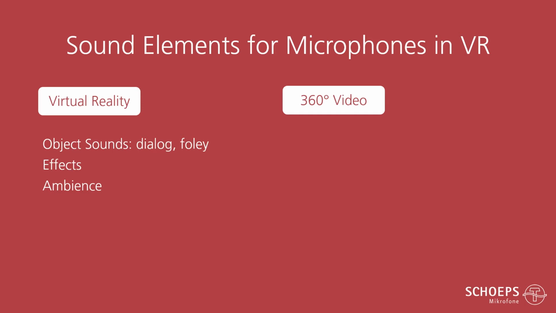On the virtual reality side, there are object sounds like dialogue and Foley sounds. So imagine a VR scene, and there's things happening, and some objects may make sounds, and these objects could be people speaking or other sounds that occur. And there's also some effects.